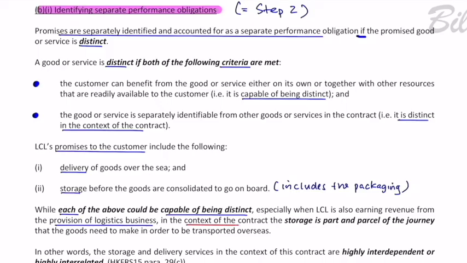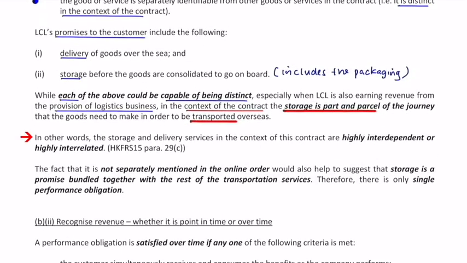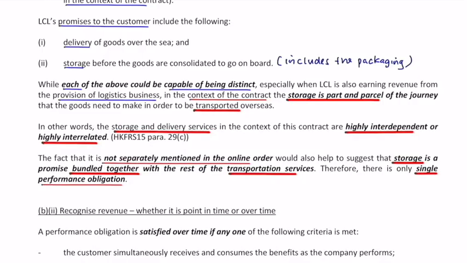In the context of this contract, the storage is part and parcel of the journey that the goods need to make in order to be transported overseas. In other words, storage and delivery services are highly interdependent or highly interrelated. The fact that it is not separately mentioned in the online order would appear to suggest that the storage together with the transportation services is a single performance obligation.